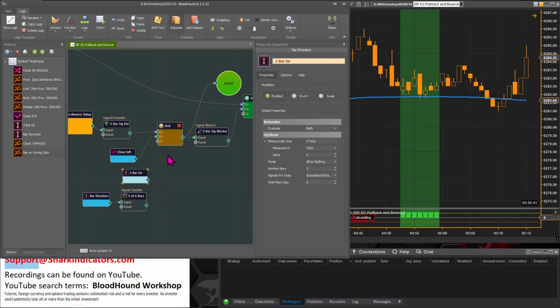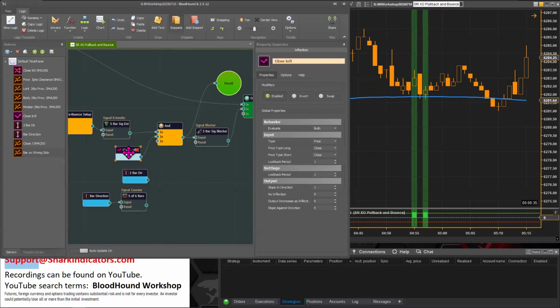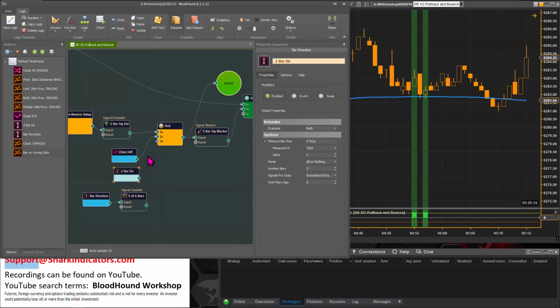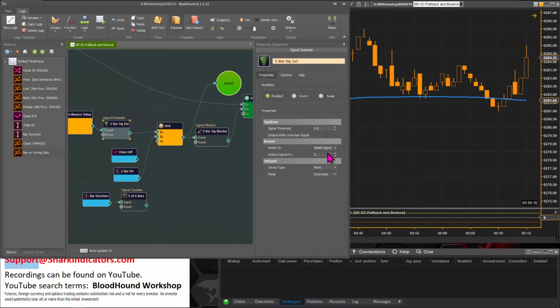If I just put the price inflection in there, bingo, there we go. We get signals now with the easiest, the most liberal requirement there. But if we go with the 2-bar requirement, then our signal extender has to be adjusted here.